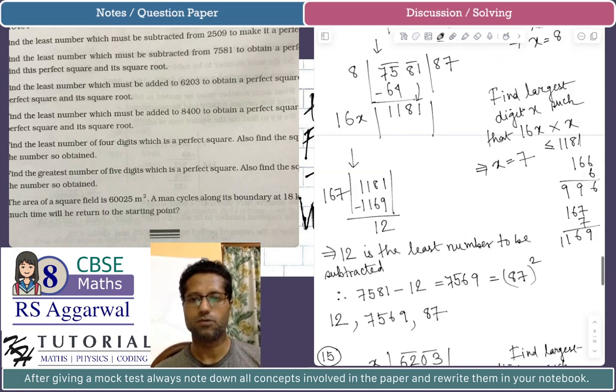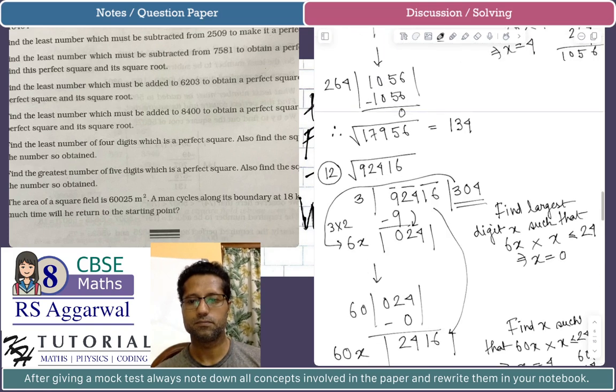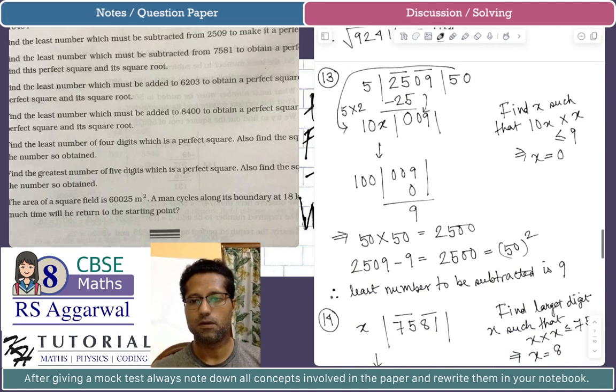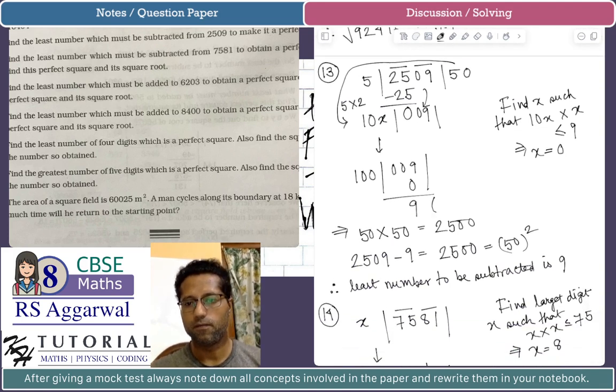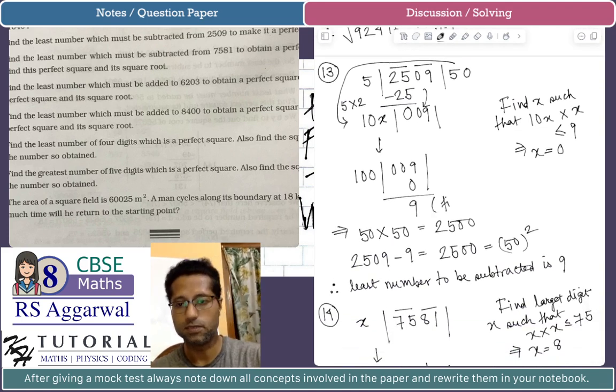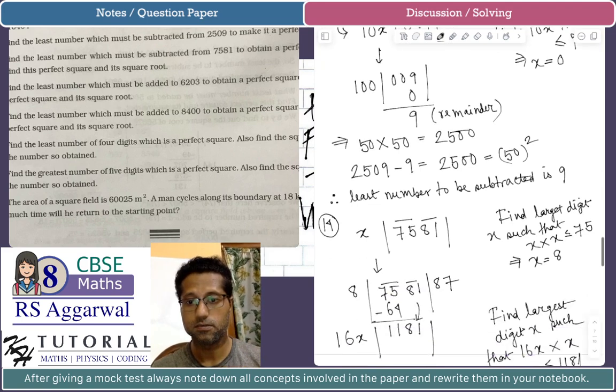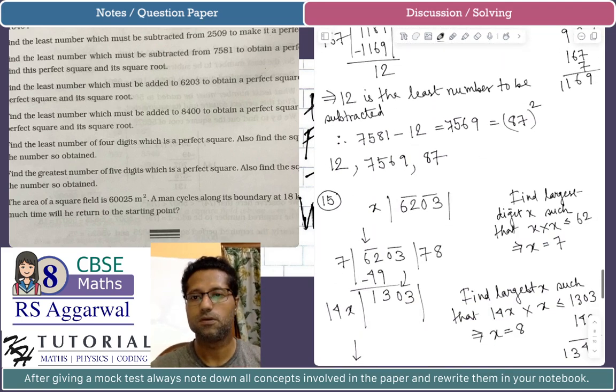By the way, this was a remainder. This was final. This was actually, in this case, a remainder. And in the previous problem, the remainder was 12.